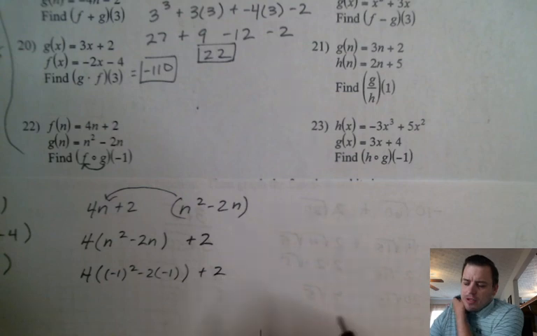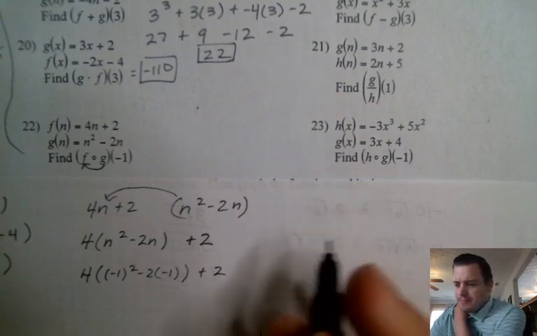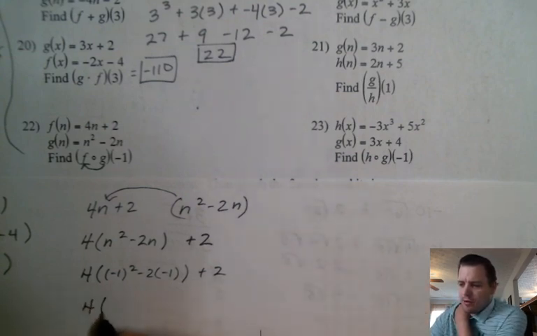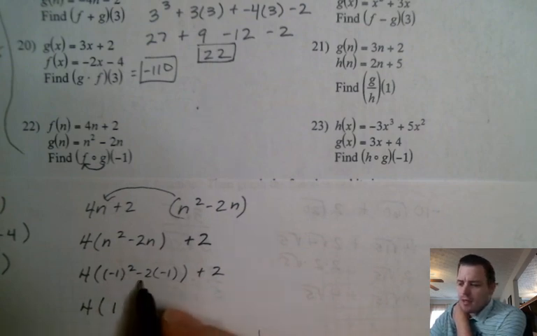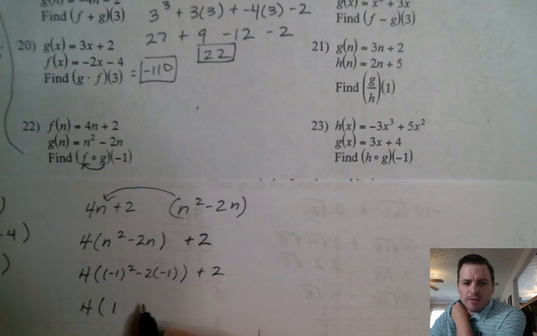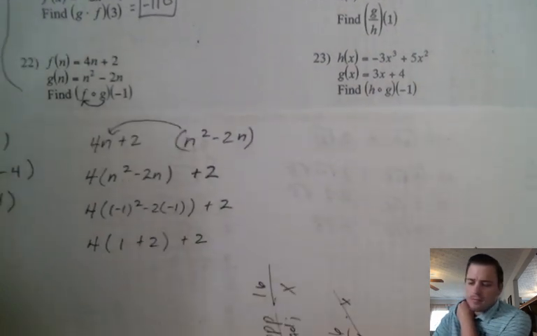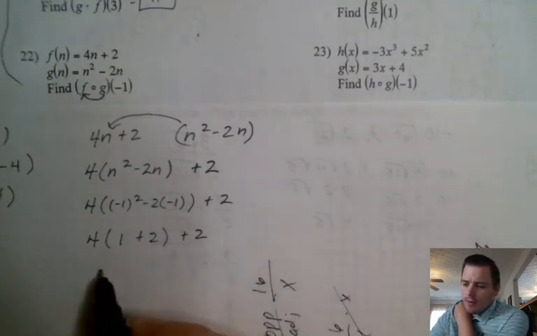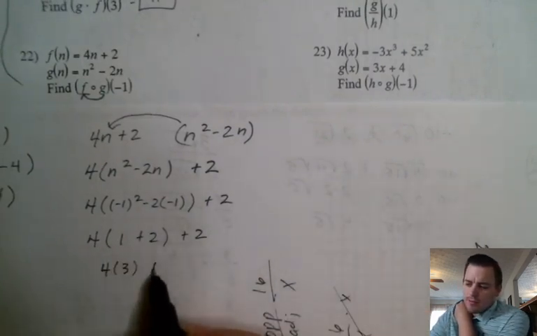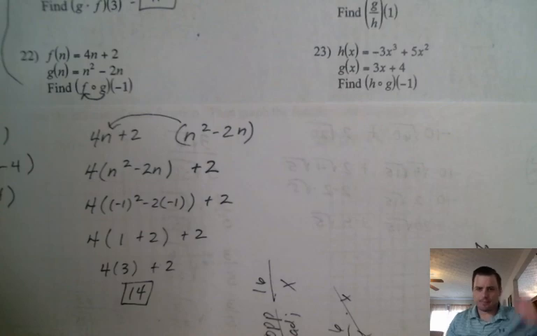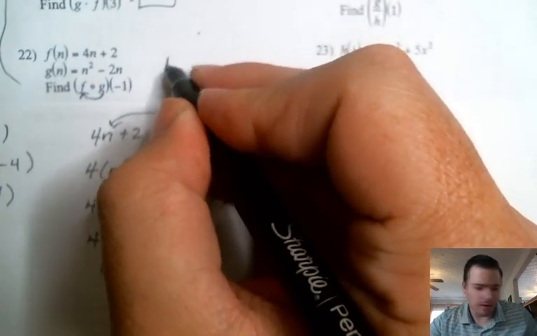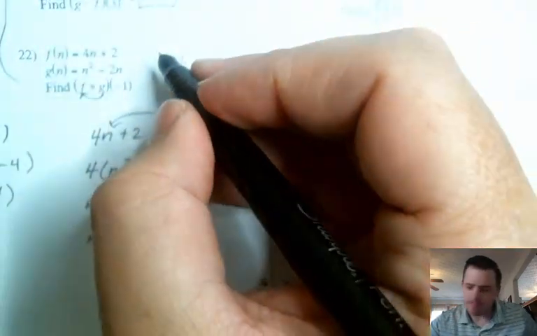And we say plus 2 there. That would lead us to 4 times negative 1 squared is positive 1. Negative 2 times negative 1 is positive 2. And then plus 2. That would be 4 times 3 plus 2, which is 12 plus 2, which is 14. So that would be equal to 14.